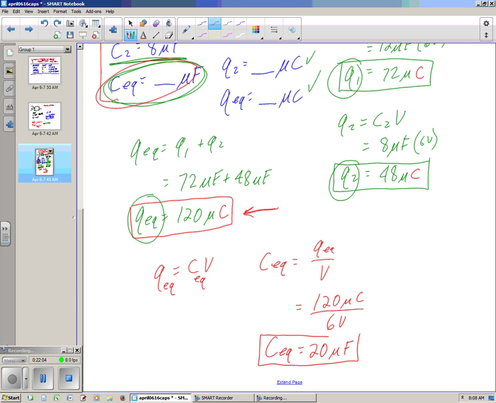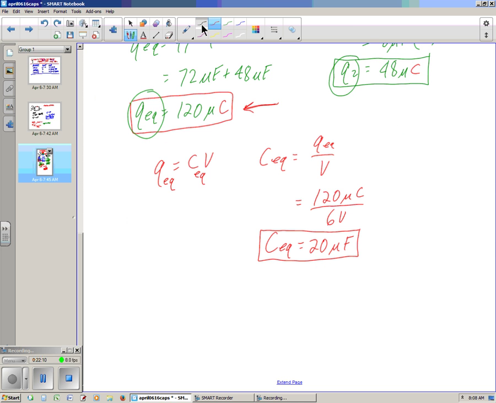Okay, so that should not be a big surprise, because if we take a look at what we had earlier, we had 2 capacitors side by side like this, and what we essentially did was slid them together like so. So this would be one, this would be the other, and we run these wires up here like this.